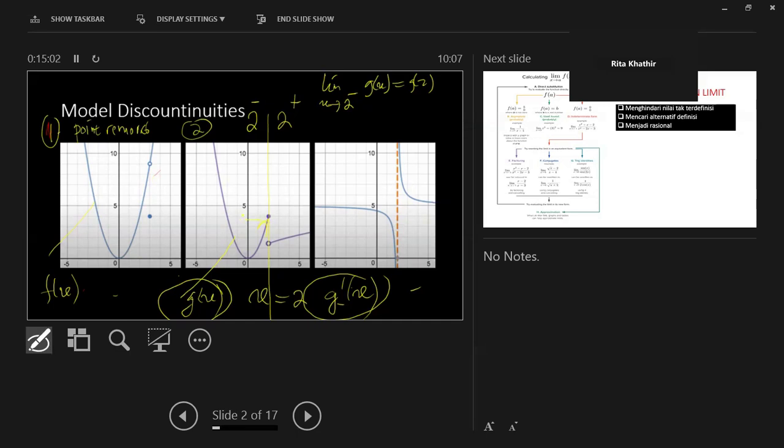And then you see the value is about 4. But because of the jumping model, when you go to the limit x approaches 2 plus from the right hand side of g of x, the value approaches about 1 point something. So it is different.